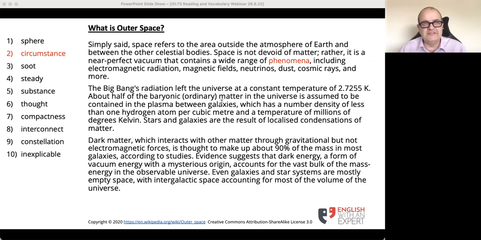It could explain this mystery that we don't understand. Now, many people use that word phenomenon in the IELTS test about something that we do understand. And so that's an incorrect use. You should only really use the word phenomena or phenomenon when we don't understand why something is happening. Okay, good. Number 3 is the word sut.